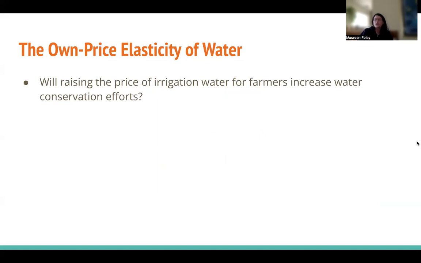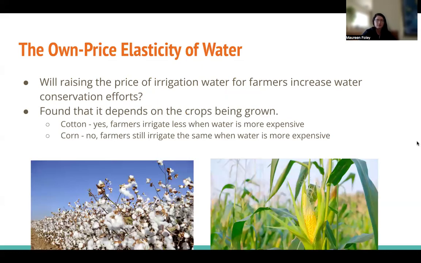Now, we've talked quite a bit about demand in this class by now, so we might assume that, yes, as the price of water goes up, the demand for water will go down. However, what they found turned out to be a little bit more complicated than that. What they found was that it depended on the crop.